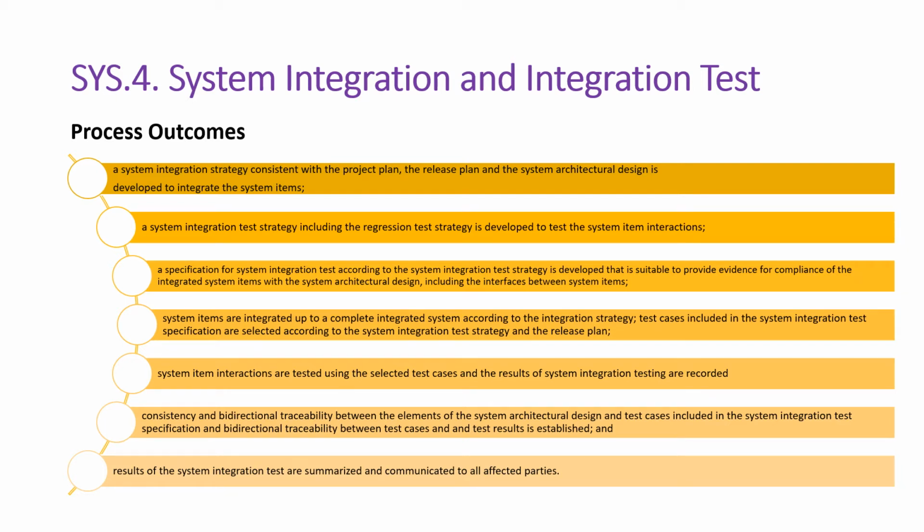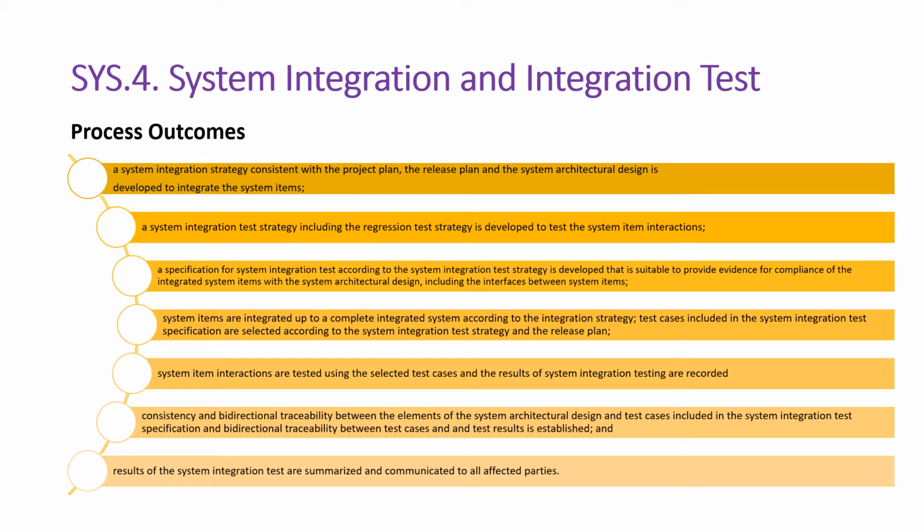A specification for system integration test is developed according to the strategy, suitable to provide evidence for compliance of the integrated system items with the system architecture design, including the interfaces between the system items. System items are integrated up to a complete integrated system according to the integration strategy.